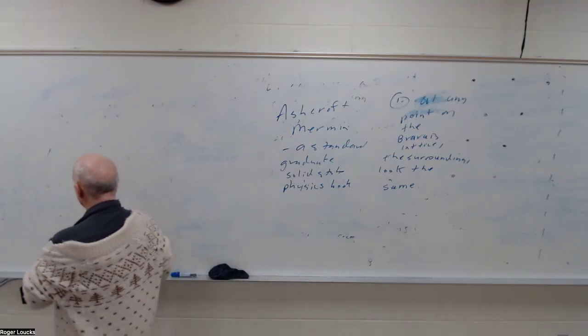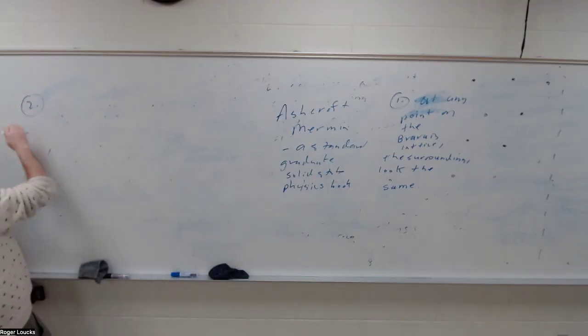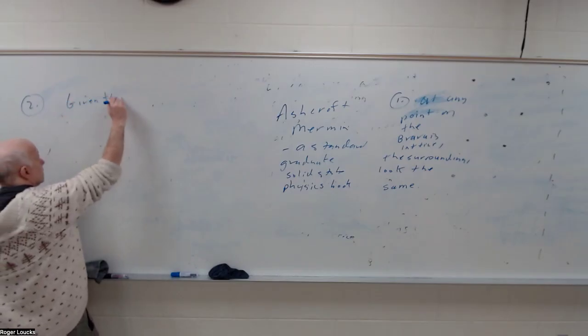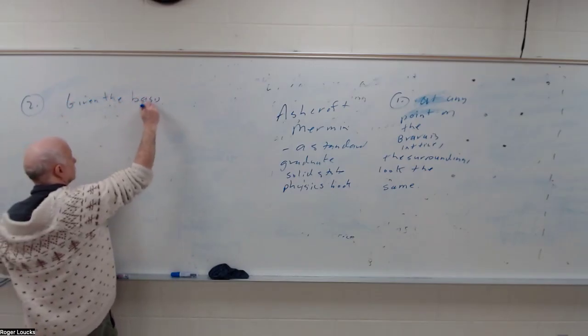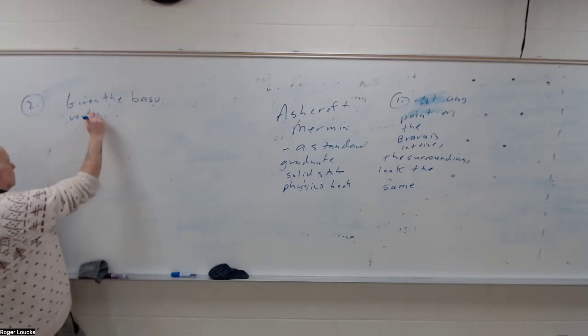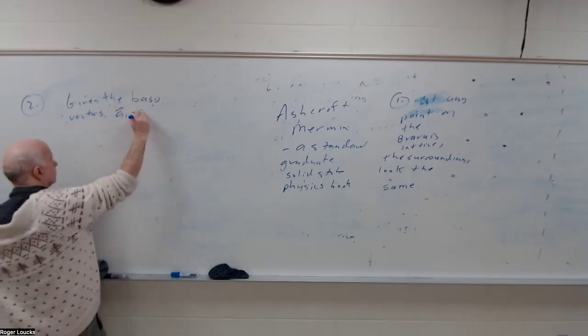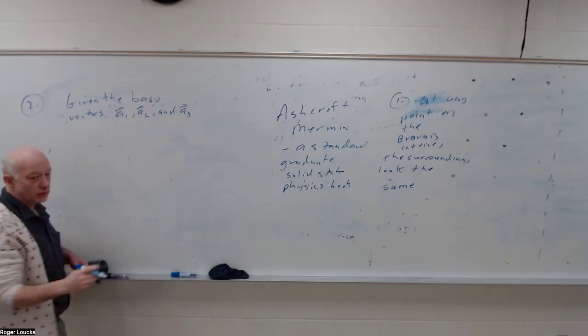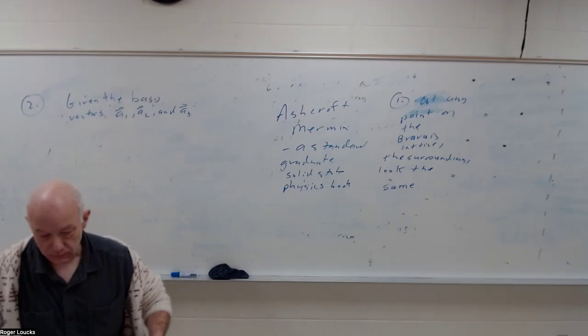So the other definition, too, is that given the basis vectors A1, A2, and A3. Now I'll explain what I mean by these basis vectors in just a second. Okay.